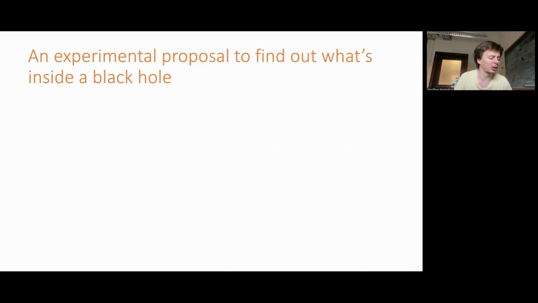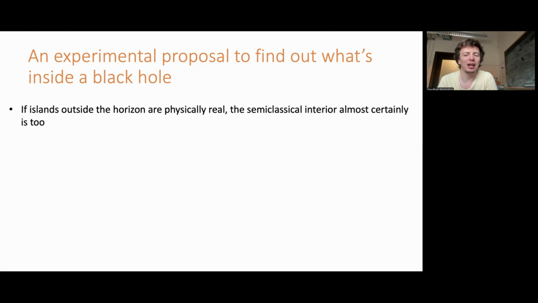Okay, so this has generally been a pretty theoretical talk, so I wanted to end on a plausible experimental note. So the argument is, let's say we wanted to experimentally determine what's inside the black hole without dying.